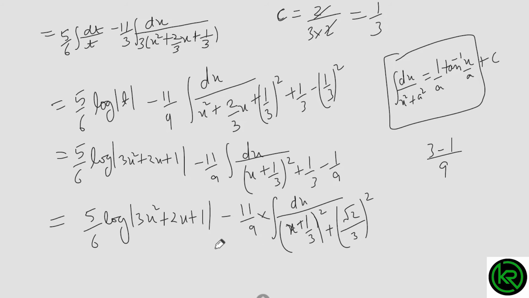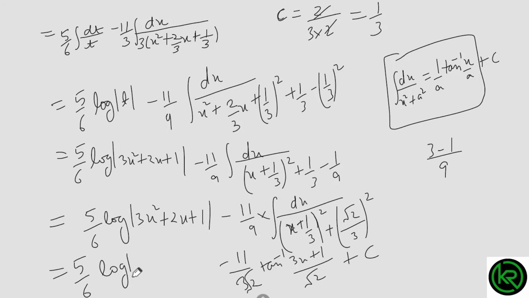So the integration of 1 upon x square plus a square is 1 by a tan inverse, so 11 by 9 multiplied by root 2 by 3, and 3 will cancel this 9 and we will get 3 root 2 and tan inverse of 3x plus 1 upon root 2 plus c, and this will remain as it is, 5 by 6 log 3x square plus 2x plus 1. So this is our final answer.